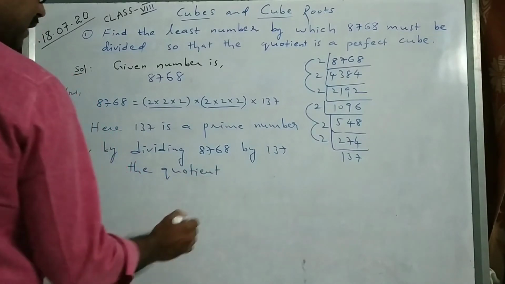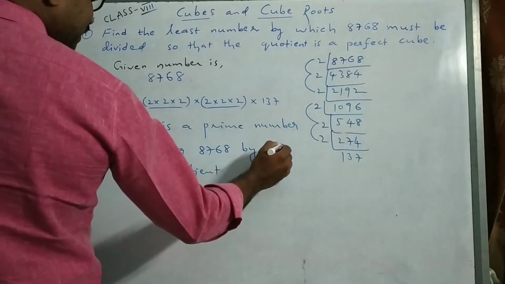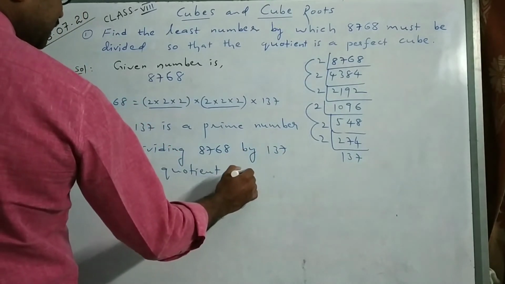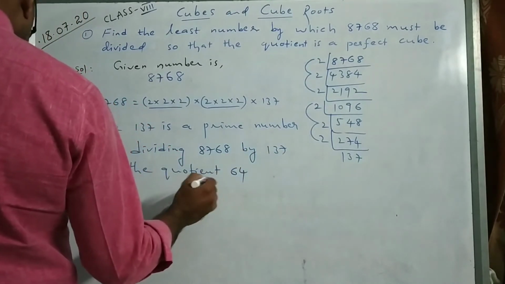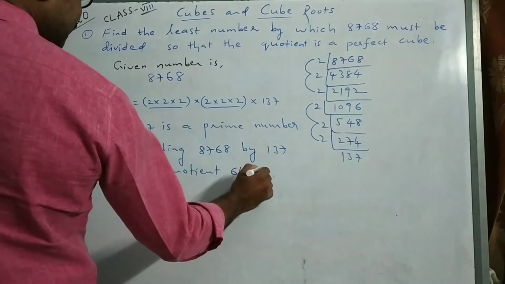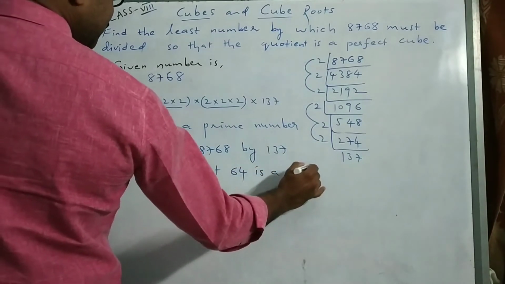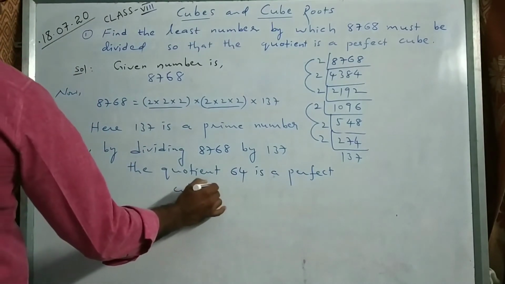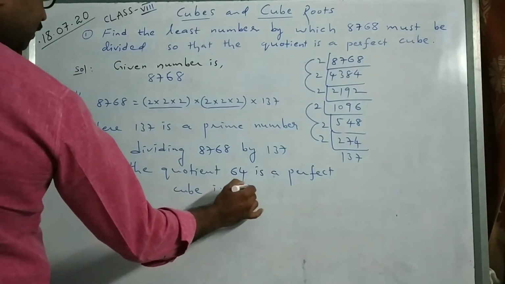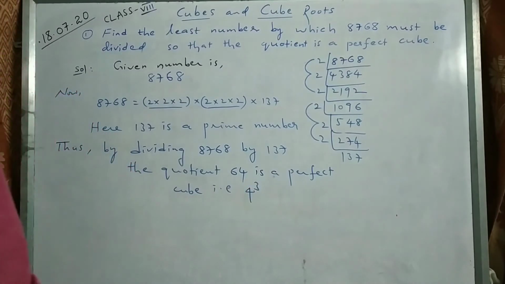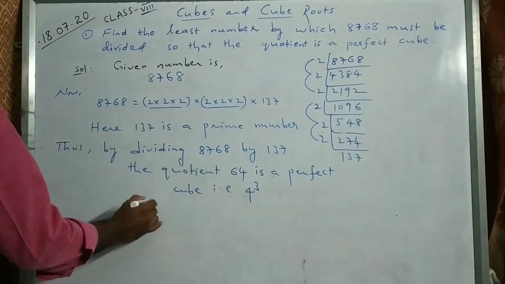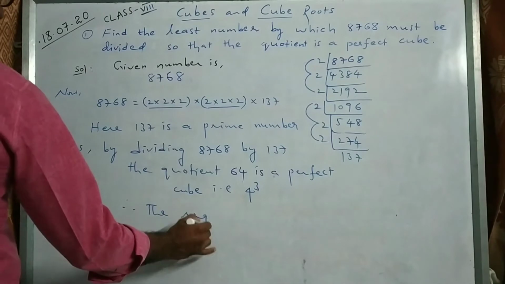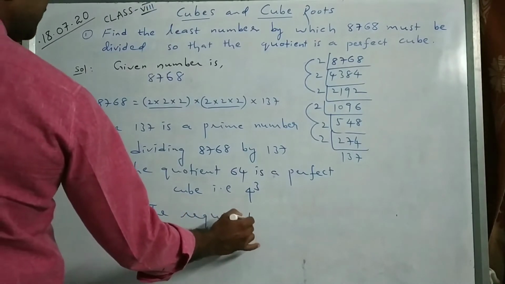What is that quotient, by the way? If you divide by 137, you will get 64. Quotient 64 is a perfect cube. That is, perfect cube means we can write 4 cube. So therefore the required divided number is 137.